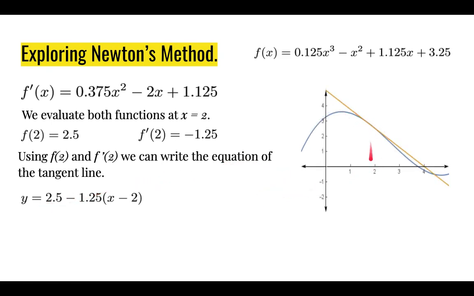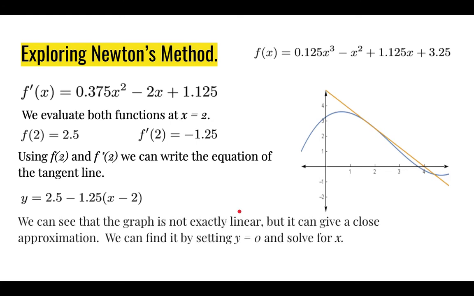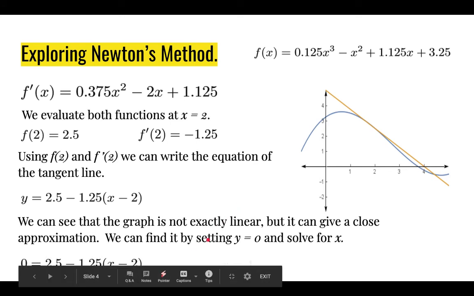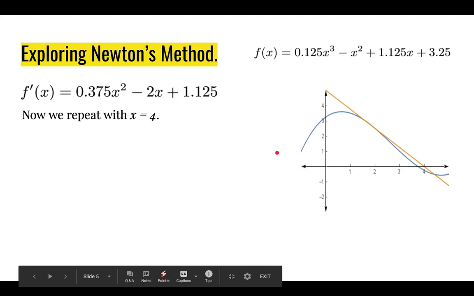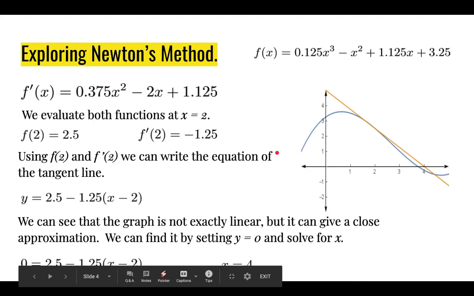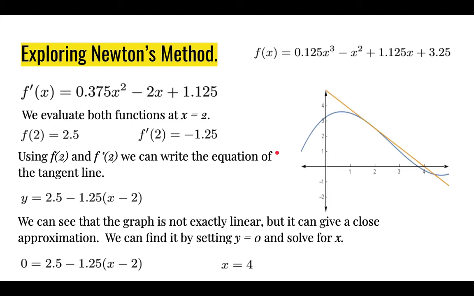If we graph that line, you see at 2, it is tangent to the curve at the point x equals 2. And we can use that equation to approximate where my zero is. So I plug in y equals 0 and solve that for x. When you solve that, you get x equals 4, which we can see from this graph.